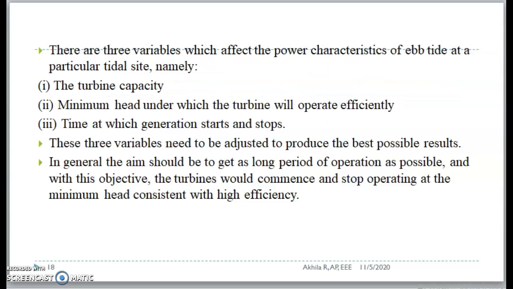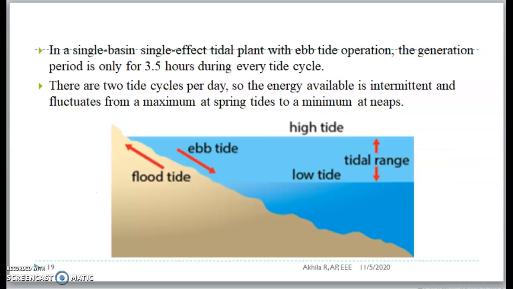There are 3 variables which affect the power characteristics of ebb tide: turbine capacity, the minimum head under which the turbine will operate, and the time at which the generation starts and stops. These variables have to be adjusted so that we get the best results. The general aim is to get a long period of operation so that the turbines can commence and stop operating with the minimum head consistent with high efficiency.